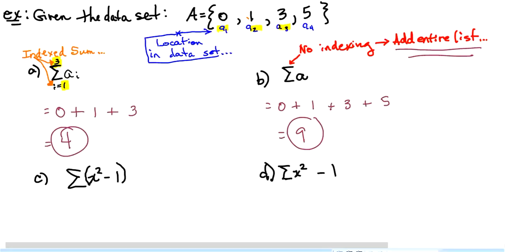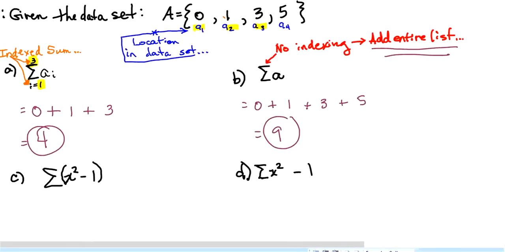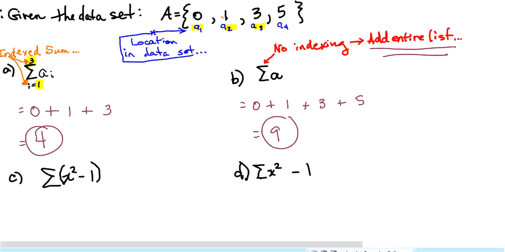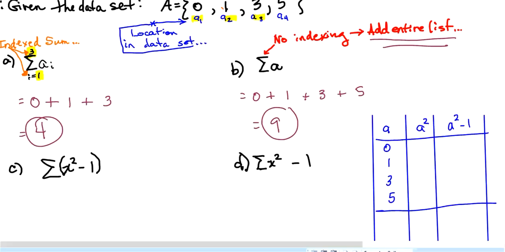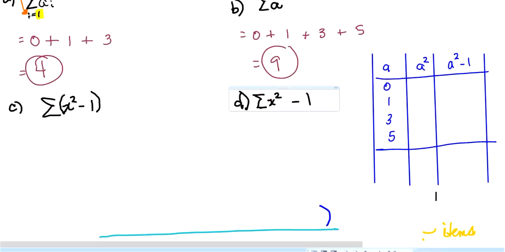Okay, what I want to do here on the right side is I'm going to just make a little table with my data set. And for part C, we want to just take the inside of the parentheses bit by bit. So first what I'm going to do is highlight what values in this statement are included in the summation.